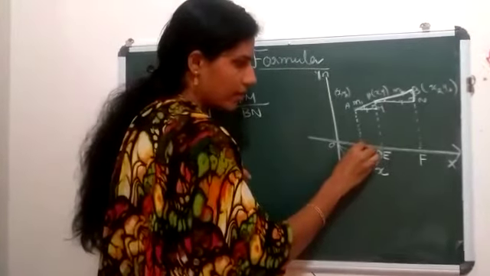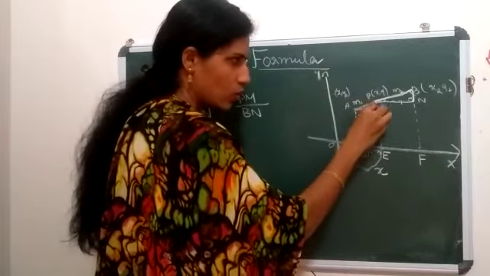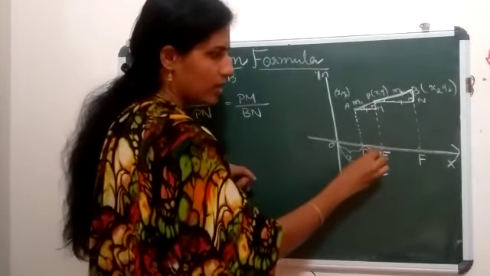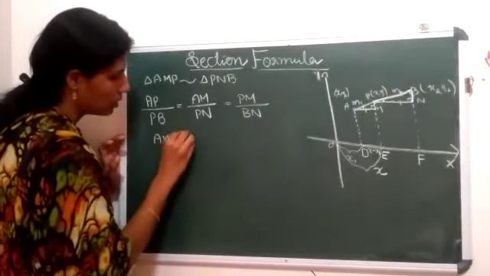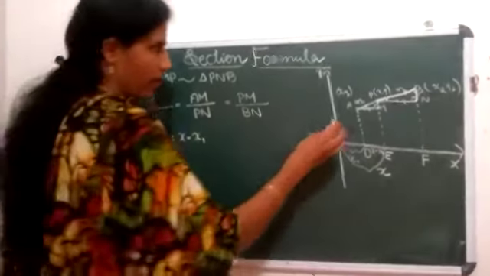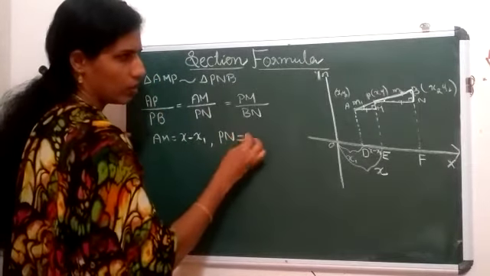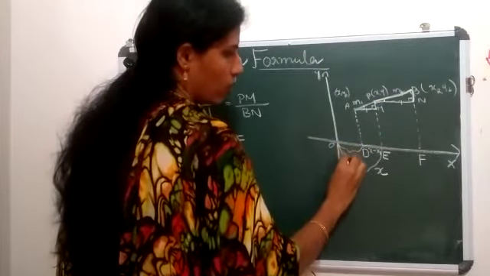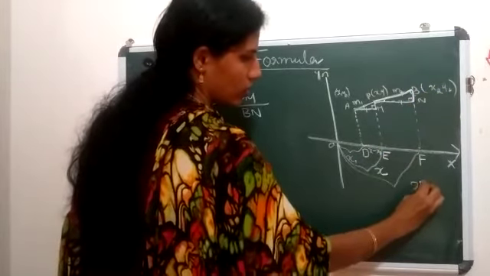So when DE is x minus x1, what is AM? These two lengths are the same, so we can say AM is equal to x minus x1. That is the length. In the same way, we are going to see PN. What is PN? This is P and this is N. So O to F, what is the coordinate? x2.